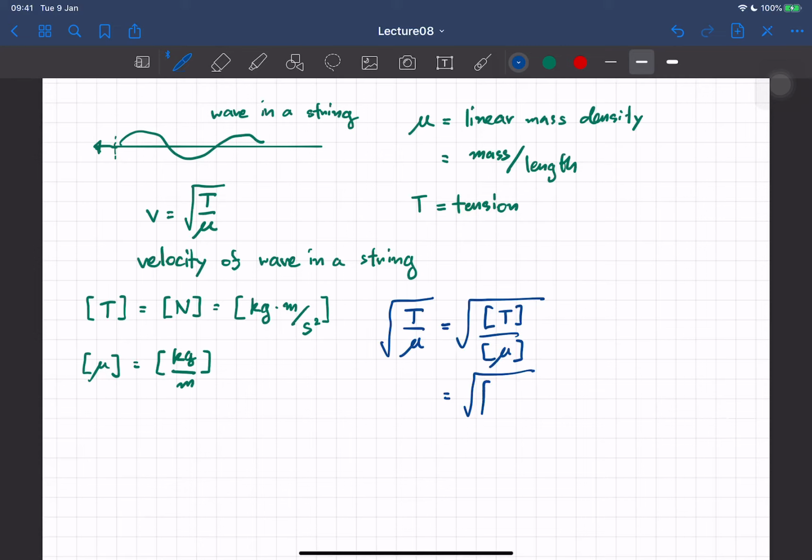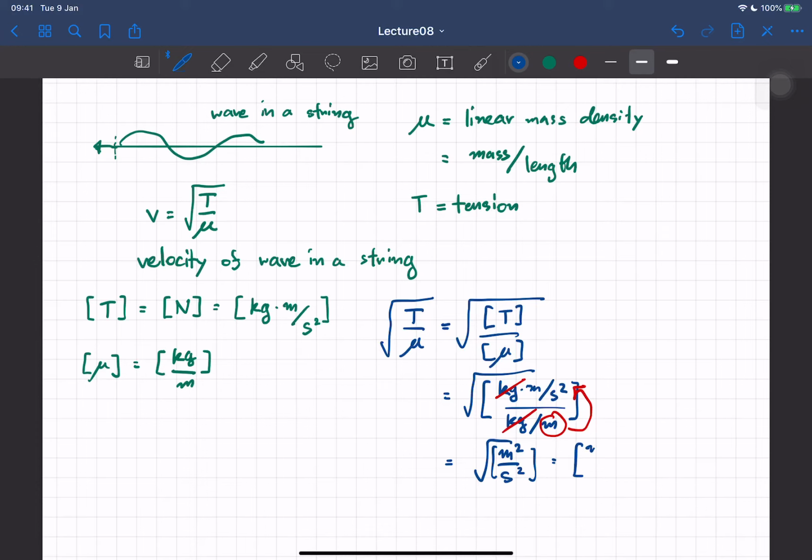You have the unit of kilogram meter per second squared, that's for tension, divided by mu, which is kilogram per meter, right? And you can see that kilogram cancels out. Meter, which is in the denominator of the denominator, is flipped upward. So then it becomes square root of meter squared over second squared.